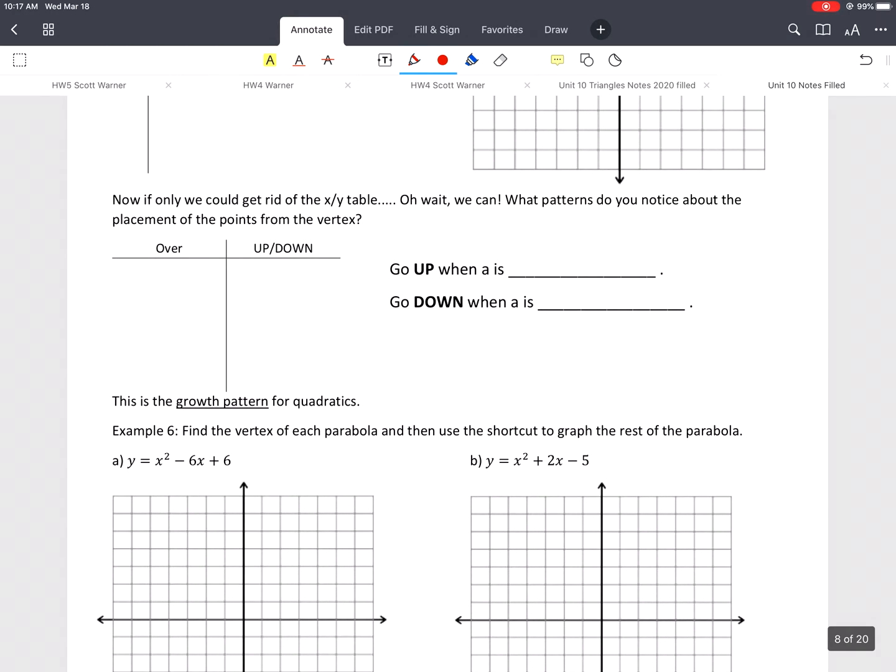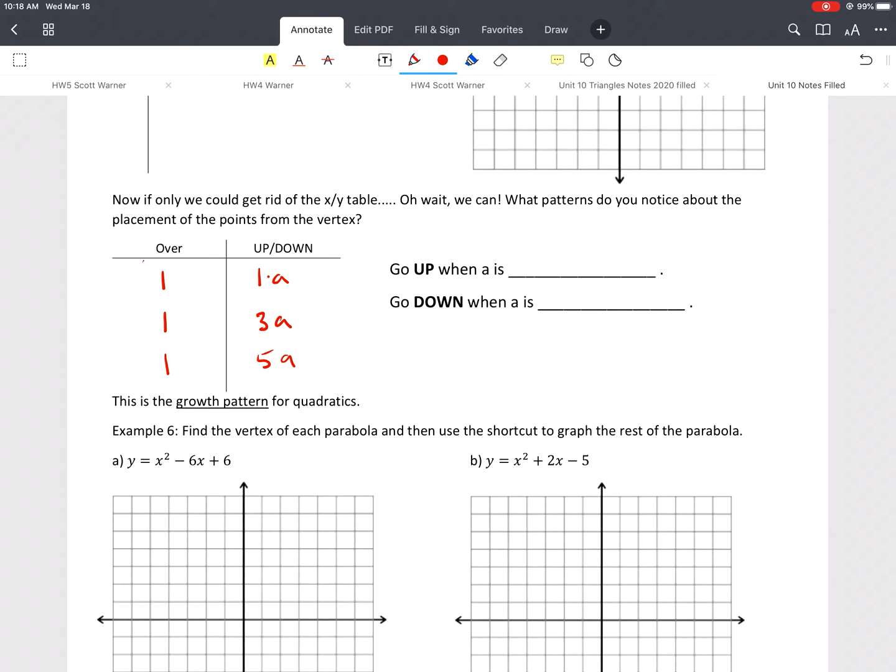So this is the pattern. You go over 1, up or down 1 times A. In all of these situations, A will be 1 or negative 1. And then next we'd go over 1, up 3A. And we'd go over 1, up 5A.